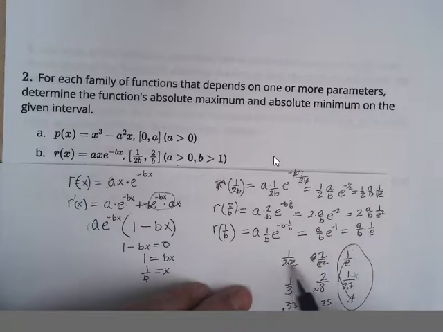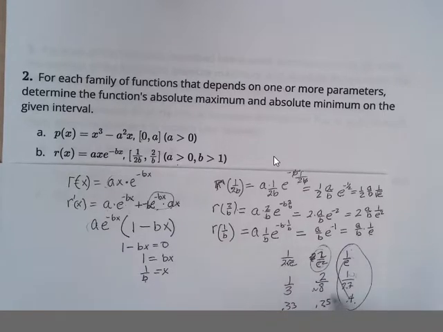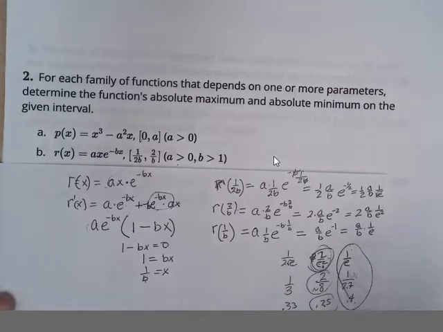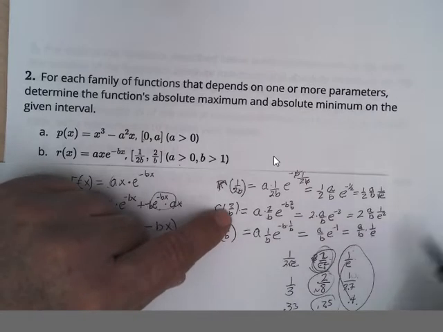This is a larger denominator, and this is a larger denominator, but with a 2 on it. This looks like the max, and this is probably the min. This is where the min is. This is the min, whatever this number works out to be. That's the min. It happened at 2 over b.